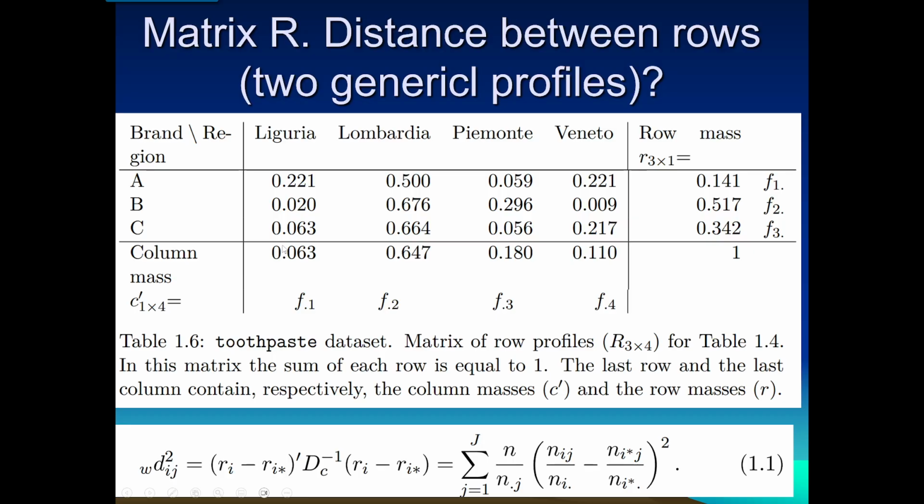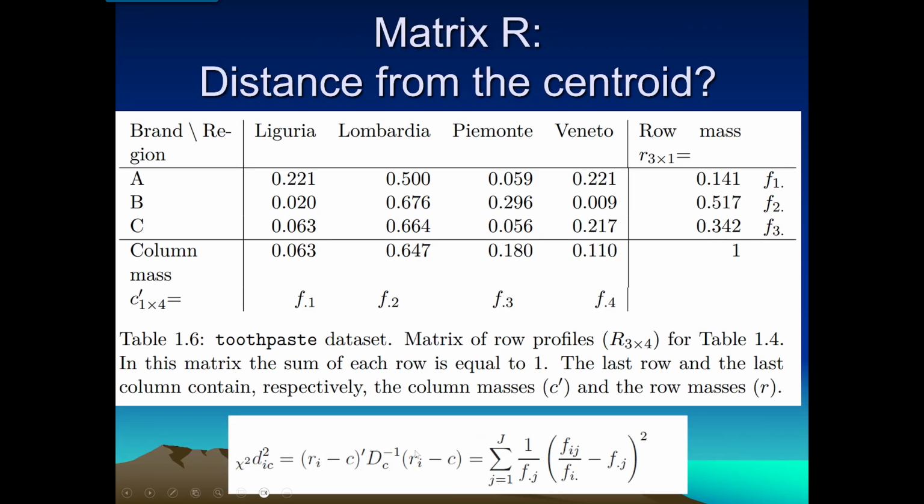But as you have seen, there is the distance between two generic rows and the distance of each row with respect to the centroid. But what is the centroid of the row profiles? Vector C, the vector of column masses. Okay? Therefore, here you take the distance of each row point with respect to the centroid.